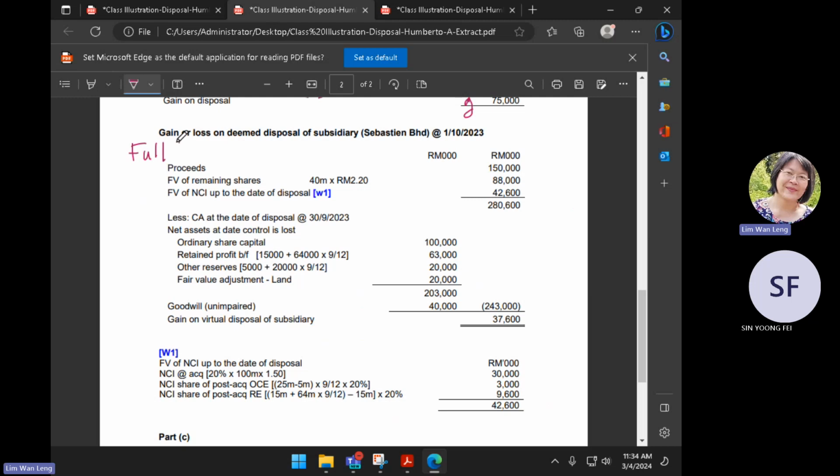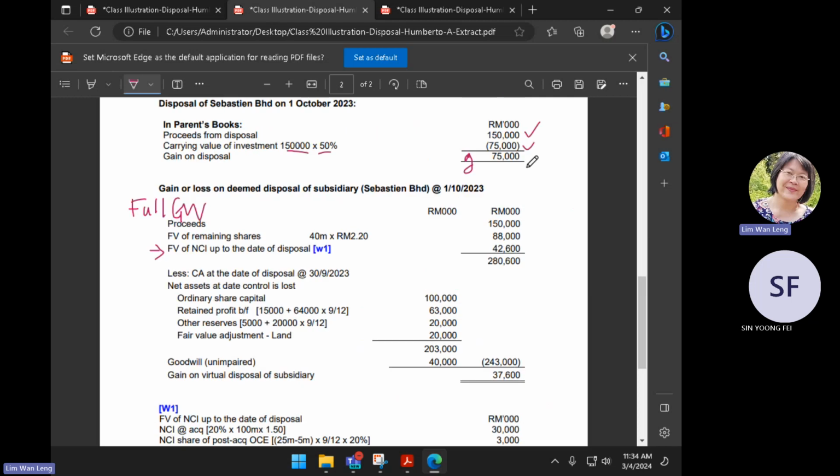Because remember, we have one that is partial, we have one that is full. Choose the one that is full so that your NCI appears on top. First line we know, second line we know, right? First line is how much was the proceed. This proceed is the same as this proceed.